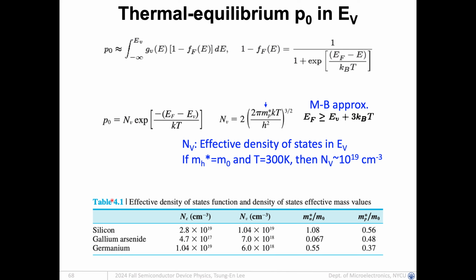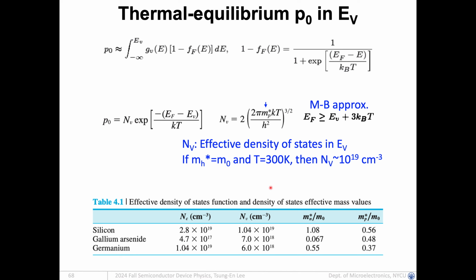So, in summary, the table summarizes the density of states of the conduction band and the valence band in different semiconductors. The values are around 10 to the 17 to 10 to the 19. And for the effective mass, as I mentioned, generally the effective mass should be lower than the rest mass of electrons, so you can see here.